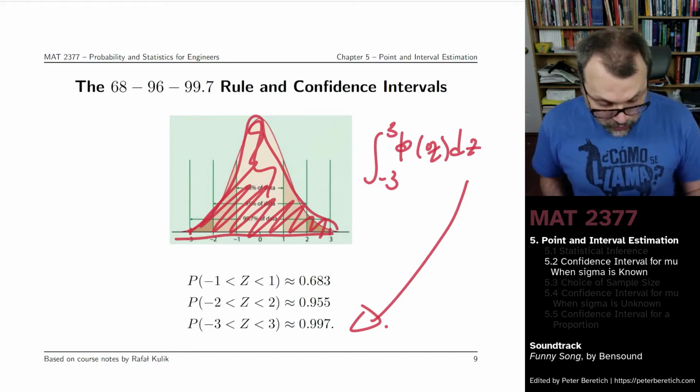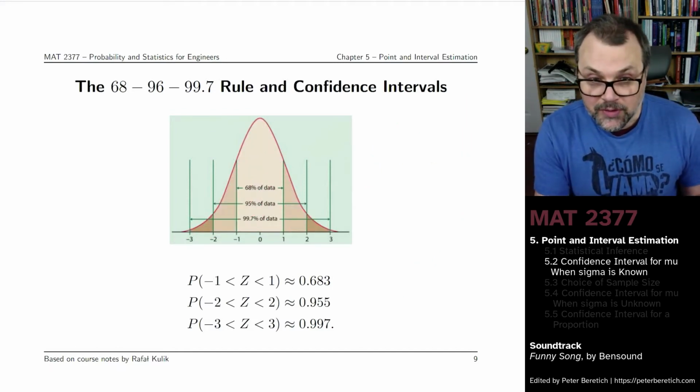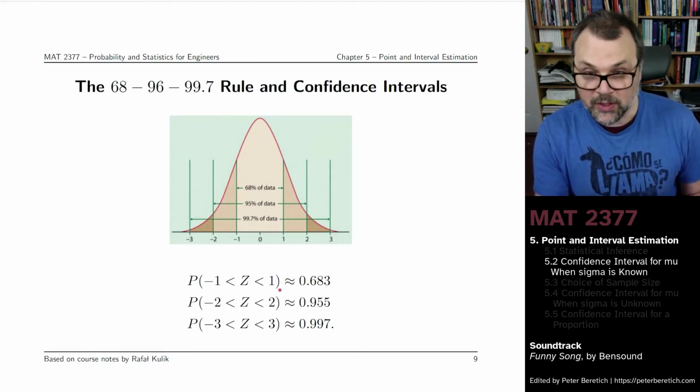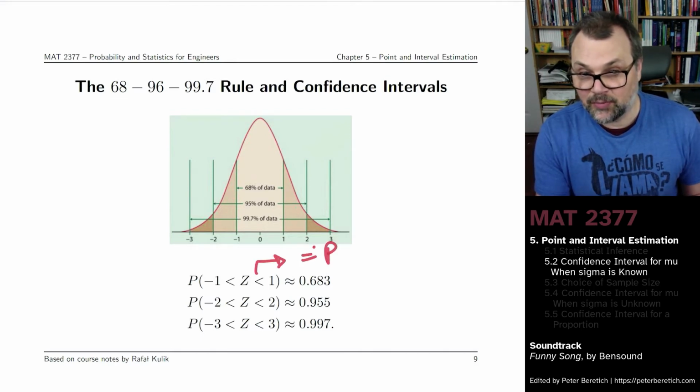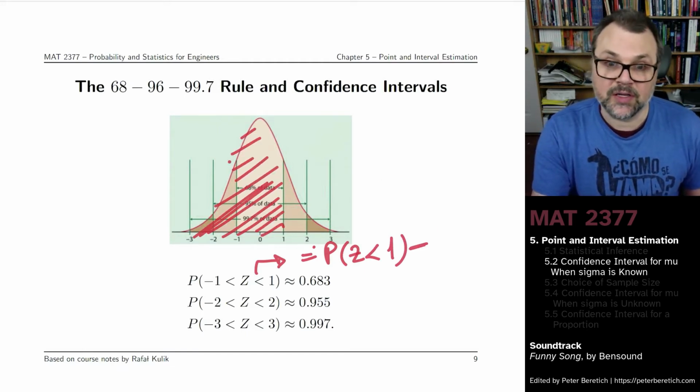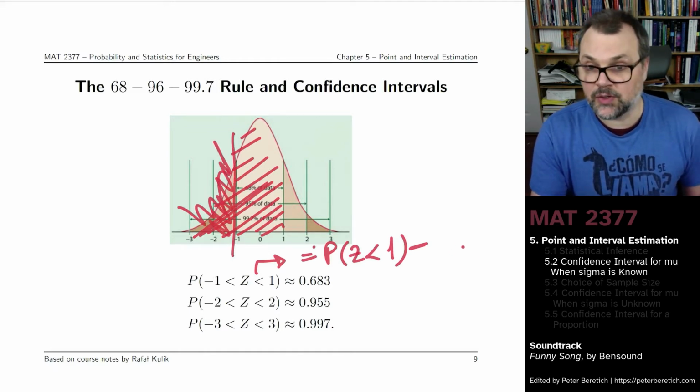Now, how do we compute these numbers? How do we compute the probability that z falls between -1 and 1? Let me remind you, this is exactly the same as the probability that z will be smaller than 1 minus the probability that it's smaller than -1.